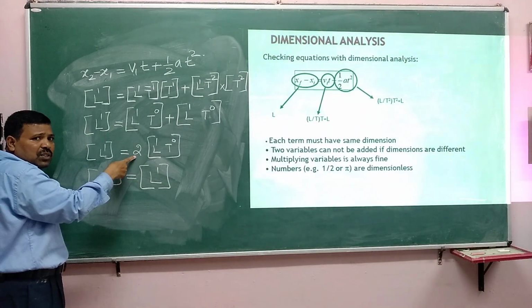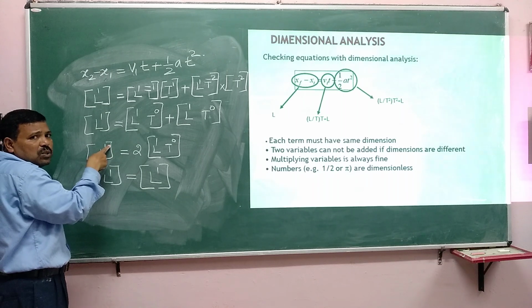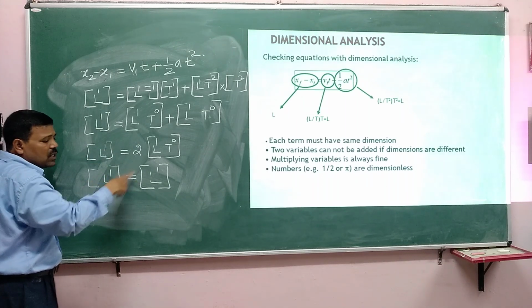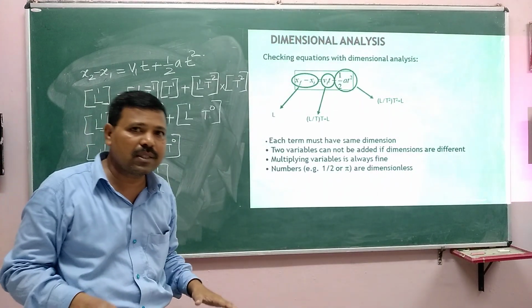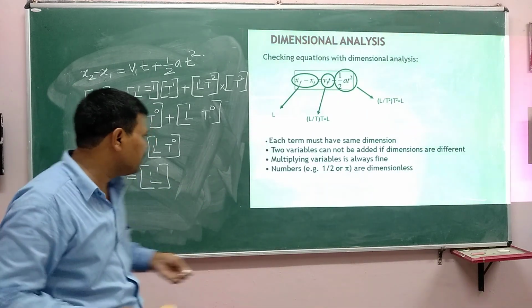This has no dimensions, and T raised to 0 here also. So what we got is L raised to 1 is equal to L raised to 1. That means this equation is dimensionally correct. Likewise, you can take any equation.